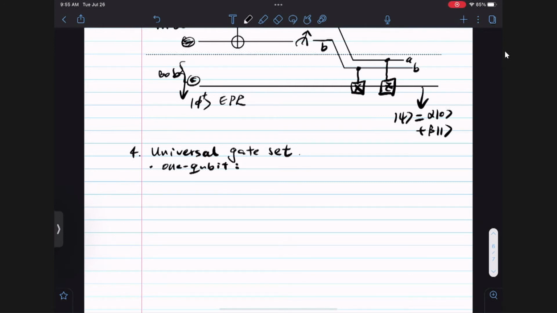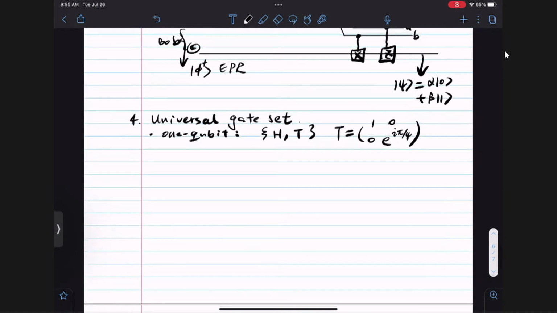So on a single qubit, any unitary operator you want to do, you can construct using just these two gates. One is the Hadamard, the other one is the T gate, which is in matrix form 1, 0, 0, e to the i pi over 4. Okay, so it just introduces a phase if the qubit is 1.